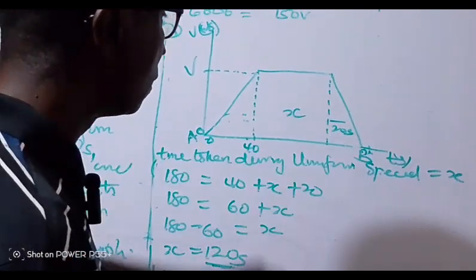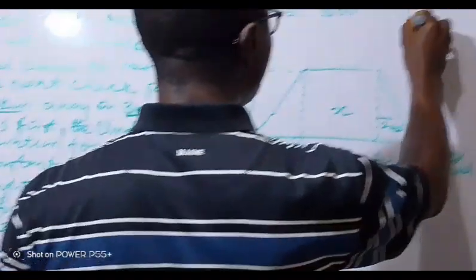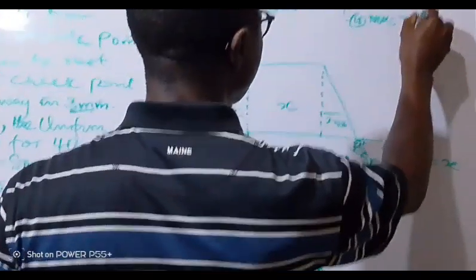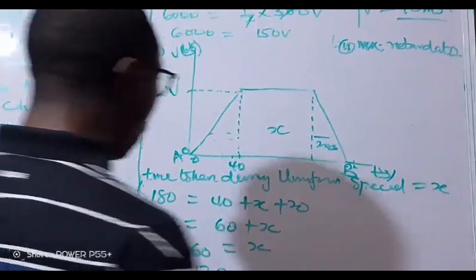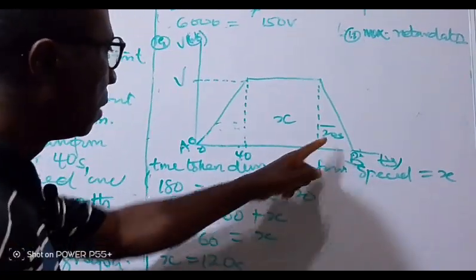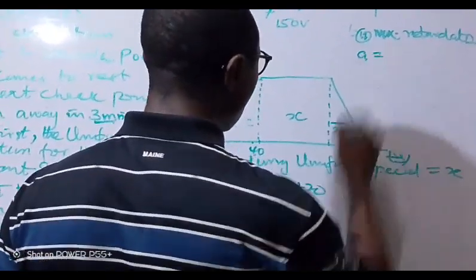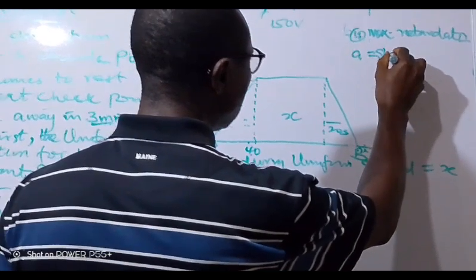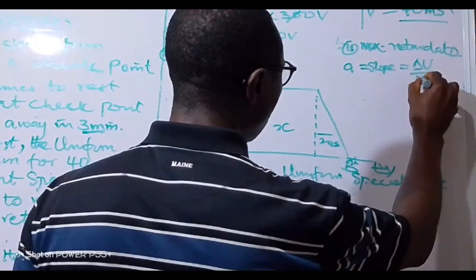Using this formula, question B2, maximum retardation: from this region of retardation, a will be equal to the slope of this place, which is delta v over what we have on the horizontal.